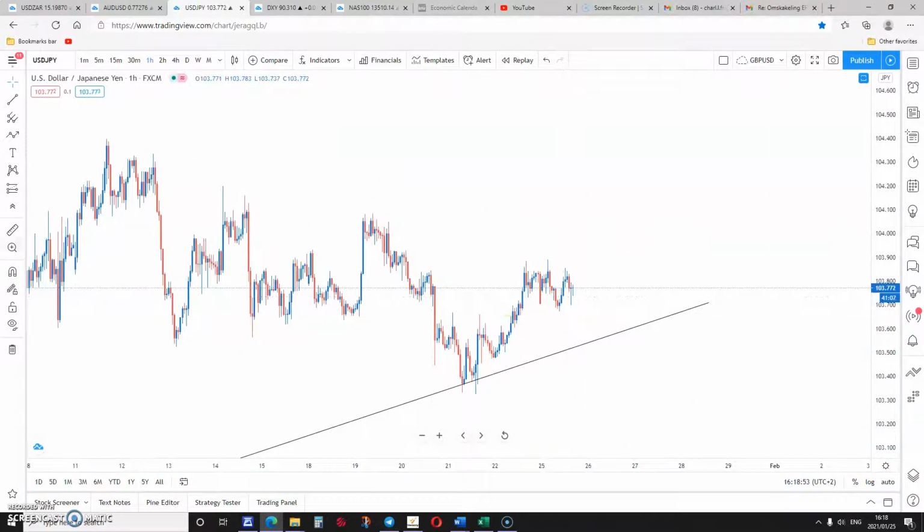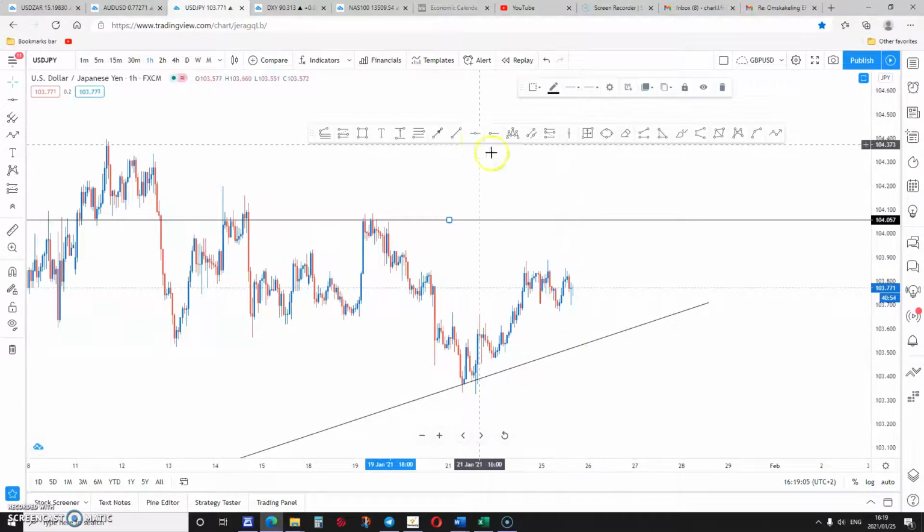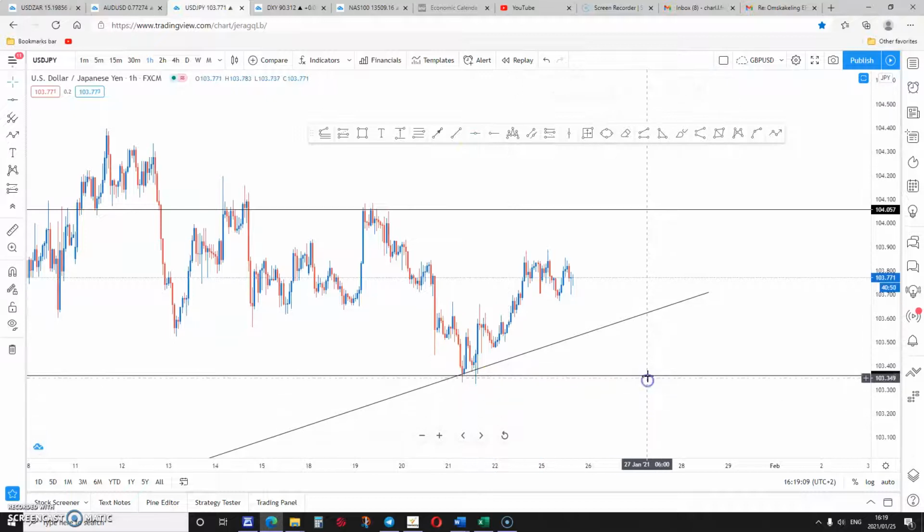Another tip also, when you start looking at the most relevant price action, you can mark off your previous high point and previous low point. Then you see how the price action is basically reacting within those two points, your high and your low point.